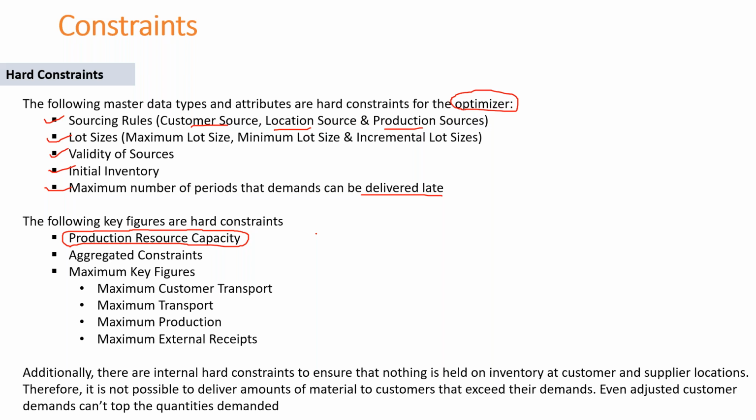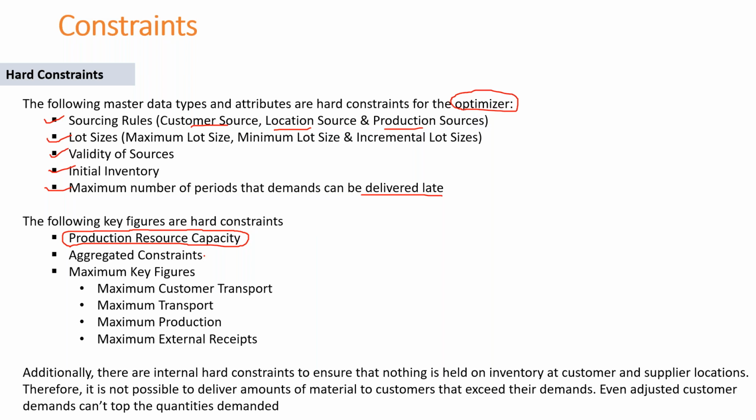So if the capacity is exhausted, then it will stop the production then and there. So you will not get anything more. So you will obviously end up with shortages if you don't have enough production facilities, or if you don't have any other external vendors maintained. So production capacity is a hard constraint. We'll see it. I'll have a use case for it also.